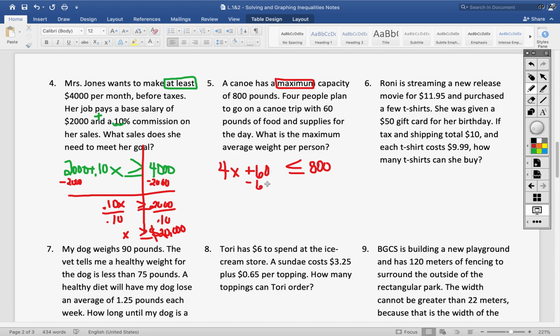Well, we subtract 60 from both sides. $740, and then divide by 4. So x is less than or equal to 740 divided by 4, which is 185 pounds. So each person can weigh a maximum of 185 pounds on average.